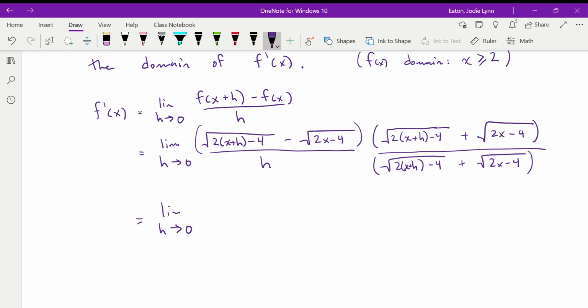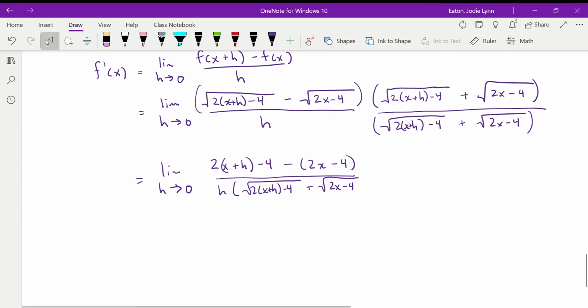So we get 2 times x plus h minus 4, minus, in brackets, 2x minus 4, all over h times the beautiful radical 2 bracket x plus h minus 4 plus radical 2x minus 4. Okay, now we're going to simplify a bit. So let's see what happens.